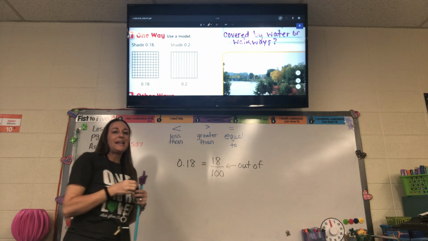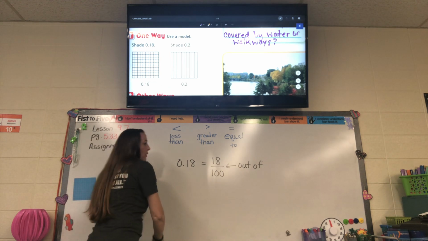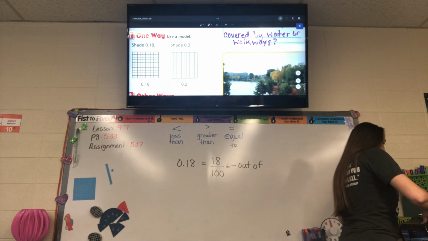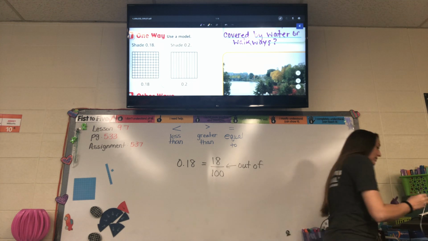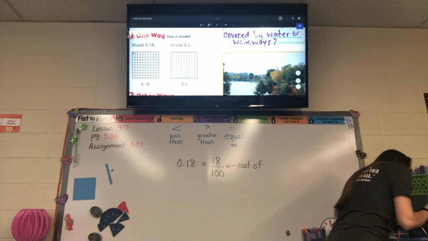So we're going to start by shading 18 out of 100 of these sections. Now I know 18 is 1 whole tenth and then 8 ones. So I'm going to shade here 1 of these tenths, and then 1, 2, 3, 4, 5, 6, 7, 8. So that's how much is shaded for 18/100.